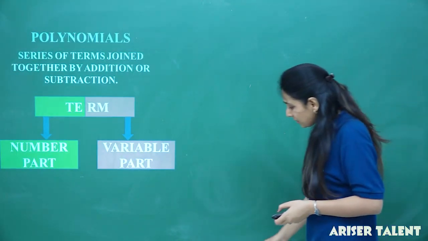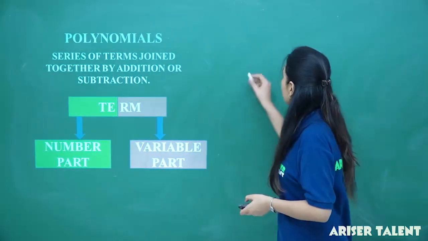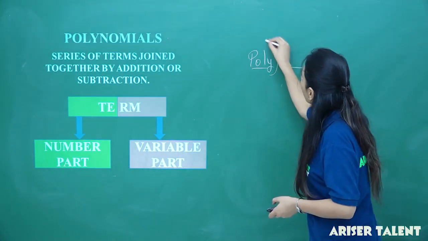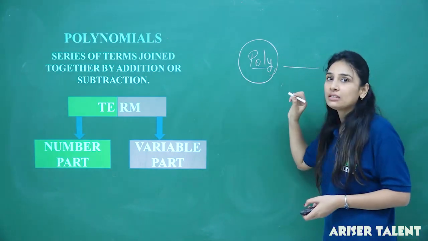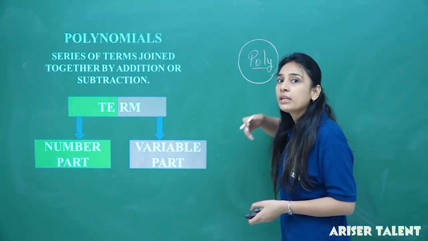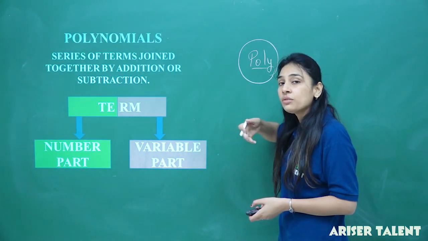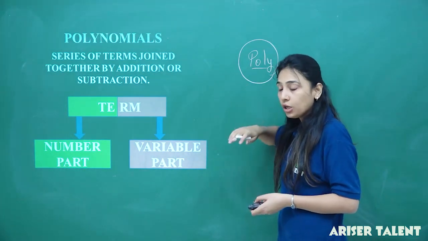So, polynomials. Polynomials, we can say it is poly and nomial. What does the word poly mean? It means more than one. Okay, so poly means basically more than one. Many is poly.